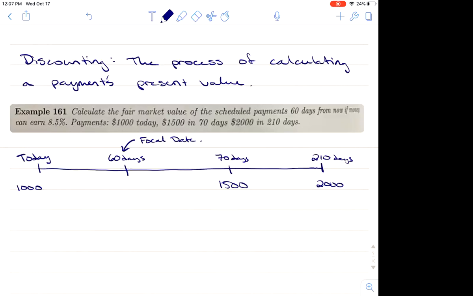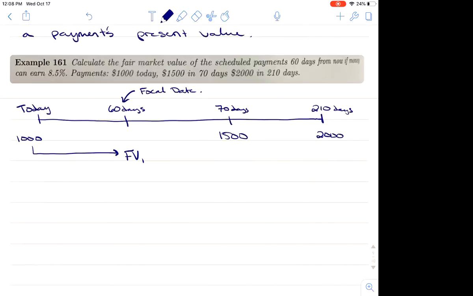Okay, all right, here we go. This arrow from 1,000 is going to go forward to 60 days. Now I'm going to use subscripts to denote the order that I'm going to calculate these in. So even though there's only one future value, I'll still call it future value 1, to indicate that that's the one I'm going to find first. And then I'll find present value or the principal amount 2 second.